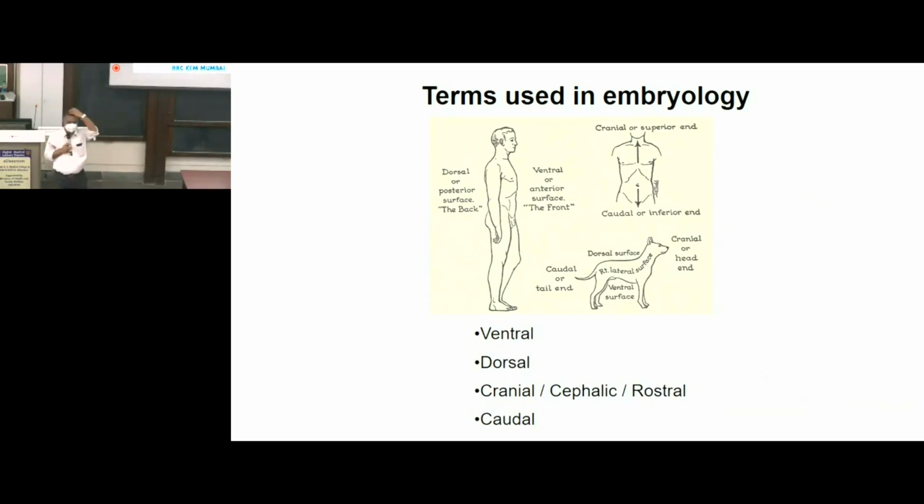Cranial is towards the head. Cranium is the skull. So cranial or cephalic, which is head, rostral, which is actually beak. Synonymous terms. So anything towards the head is cranial, cephalic or rostral. Anything which is towards the tail, the embryo has got a tail which disappears in human beings. So that's caudal. Got it?